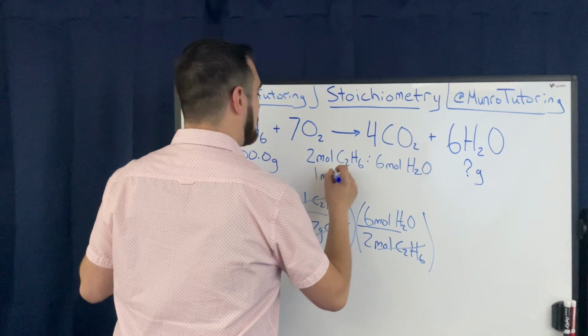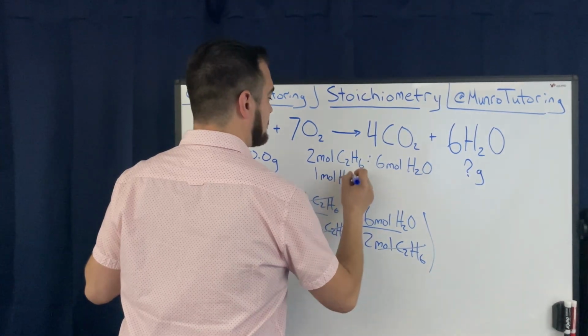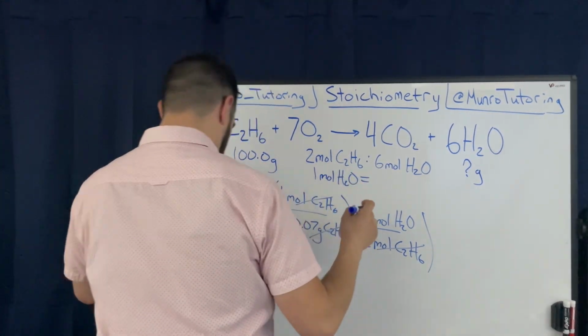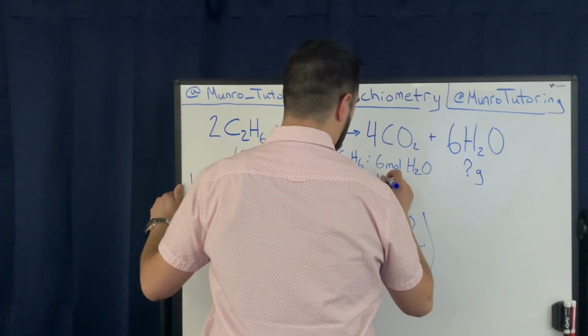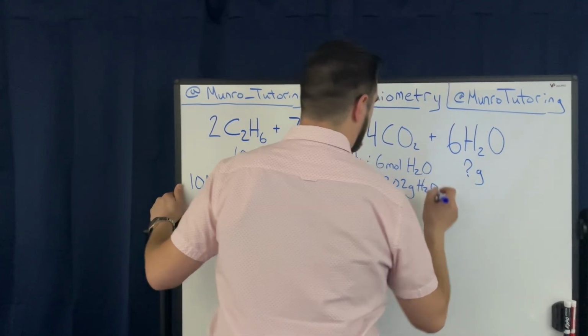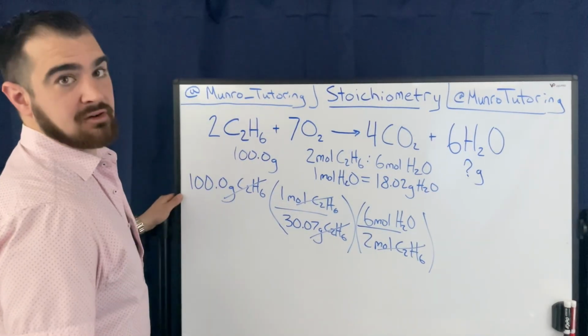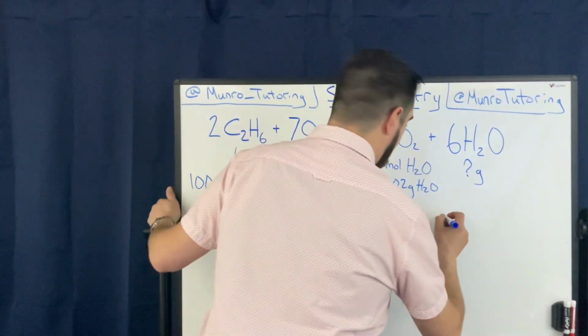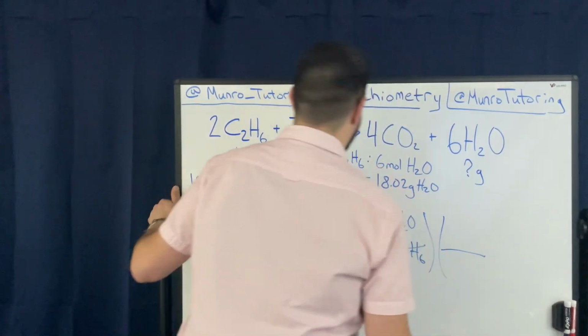1 mole of water is equal to 18.02 grams of water. And now we can do our third parenthesis, our third conversion factor here, and we can fill it in.